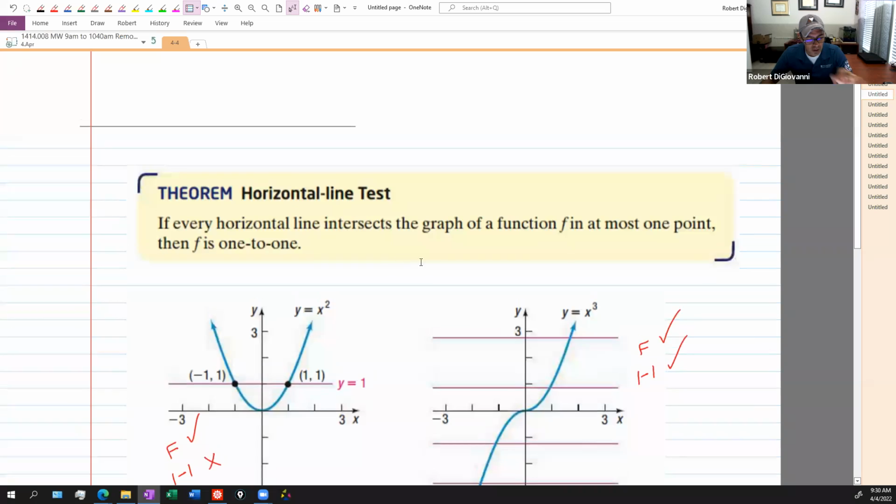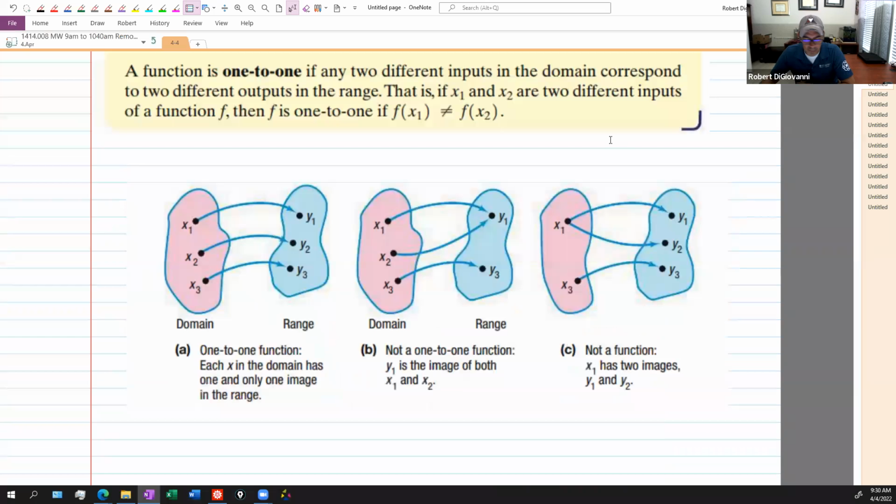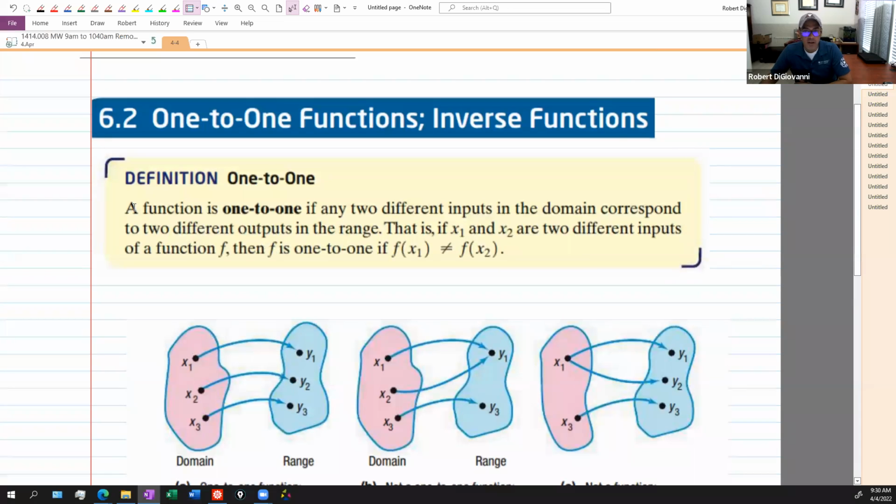Let's look at the definition. Let me go back to this definition. Let's read this. A what is one-to-one? A function. A function is one-to-one, right? We can only talk about one-to-one if we're looking at a function. If we're not looking at a function, one-to-one is out the window. So you must have a function to talk about the one-to-one property.